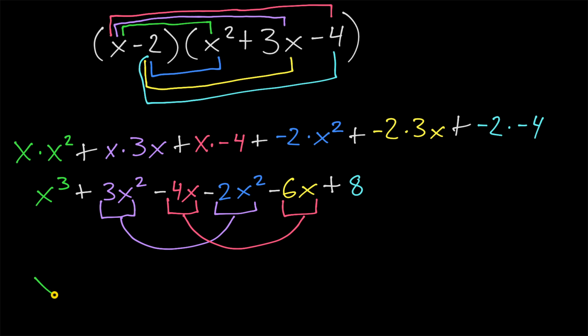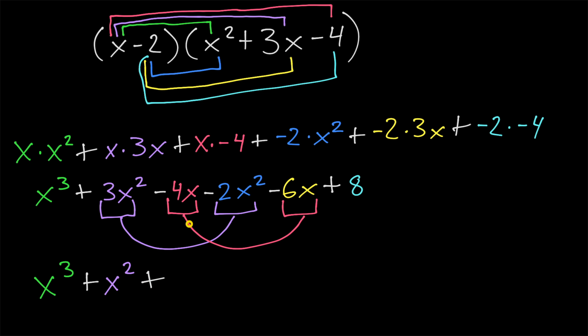So here we're going to have x cubed plus 3x squared, and we're going to subtract from this, because there's a negative sign here, 2x squared. 3 minus 2 is equal to 1, so we could just write 1x squared here, or we can simply write x squared.